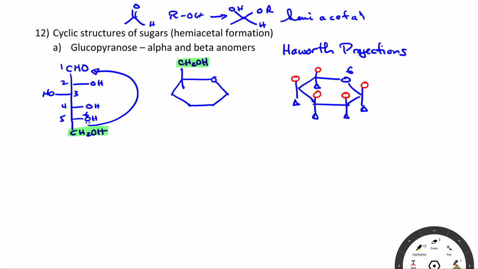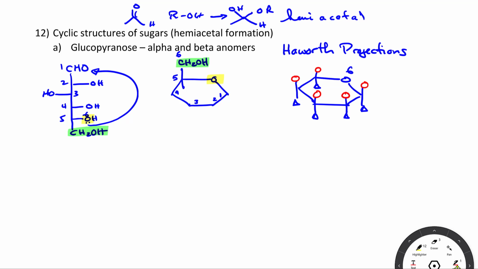The oxygen in the ring, like I said, is oxygen number 6. That's actually this guy here. Now, the carbonyl carbon number 1, based on the idea that this is number 6 here, this is 5, and I'm going to draw on the inside 4, 3, 2. So again, this is carbon number 1. That's the carbon that was originally the aldehyde.